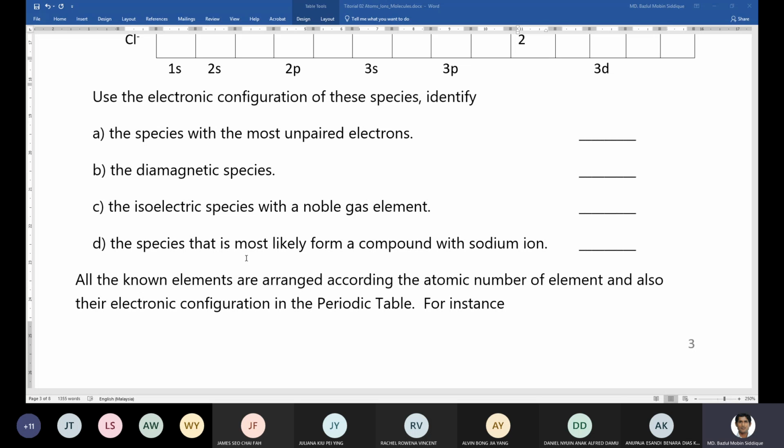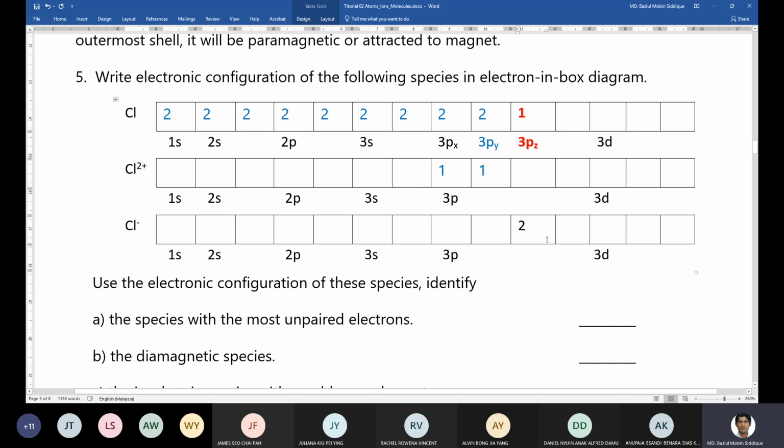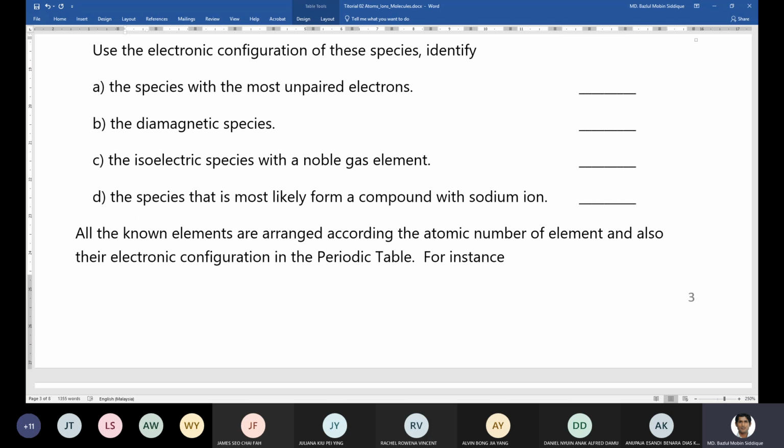So Cl negative is diamagnetic because it does not have any unpaired electrons, all are paired, 2, 2, 2, 2, 2, 2, all are paired electrons, so that is diamagnetic.